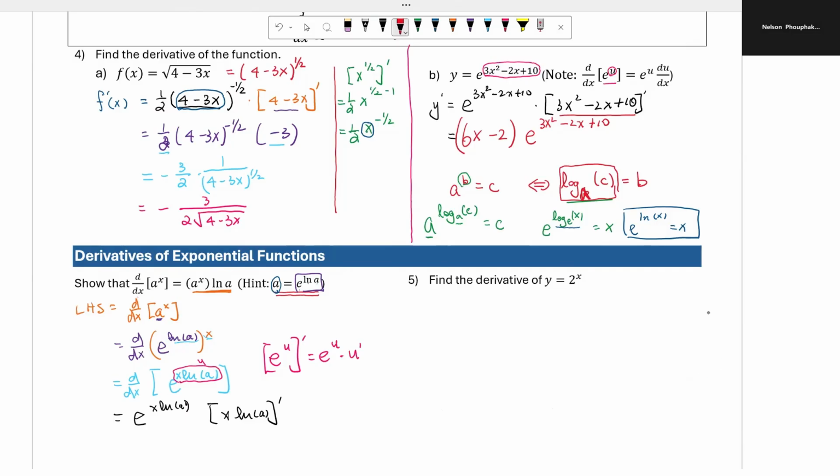If you remember, the derivative of 2x is 2, because 2 is a constant. In this case, you will see natural log of a is a constant. So the derivative of x times natural log of a is just natural log of a.